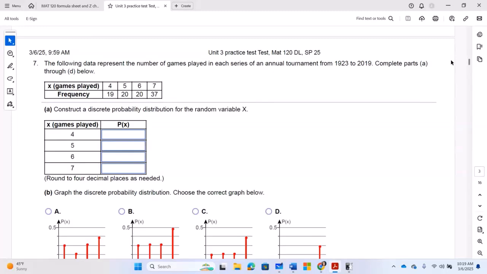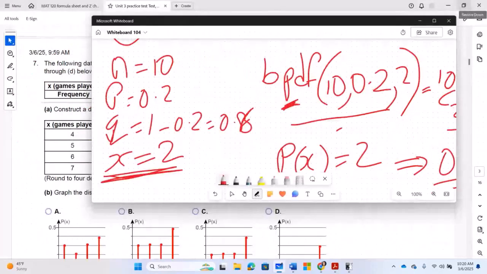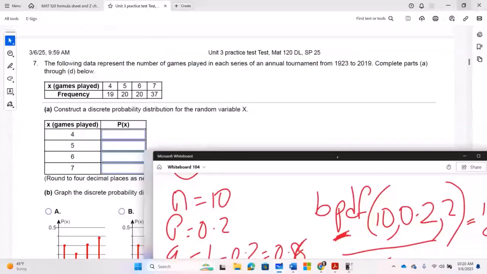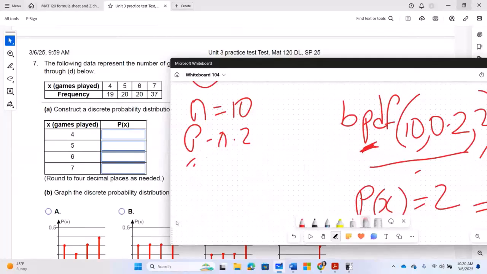Complete parts A to D. So first of all, they give you the frequency distribution table, and they ask you to convert the frequency distribution table to a probability distribution. Okay, so I'm going to get this table in my whiteboard right now.